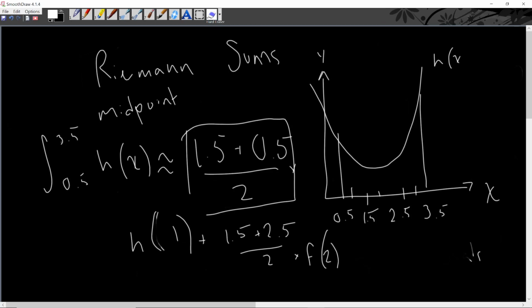And then this is also going to be plus 2.5 plus 3.5 over 2, again, 2.5 plus 3.5 is 6, over 2 is 3, so we're going to be multiplying this by h of 2 times h of 3.